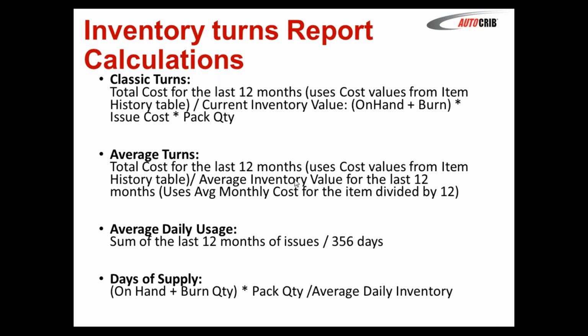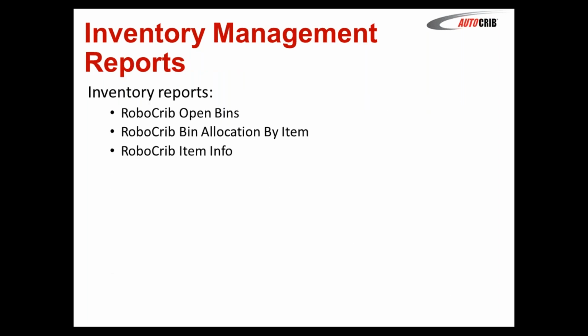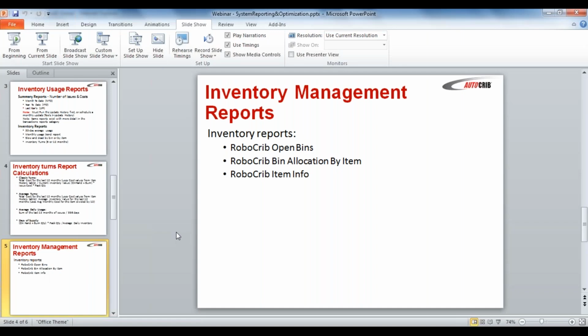You can see where your open bins are in the RoboCrib, where your items are allocated to which bins, how many bins, and your RoboCrib item info. So we're going to look at the RoboCrib open bins report, RoboCrib bin allocation by item report, and RoboCrib item info reports.